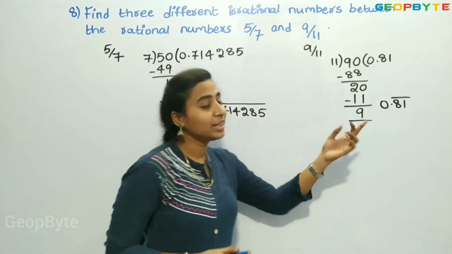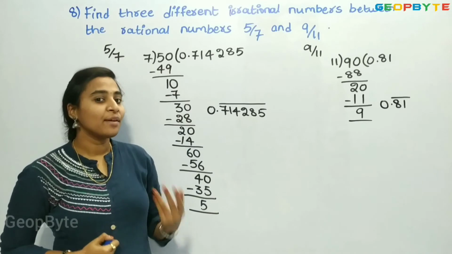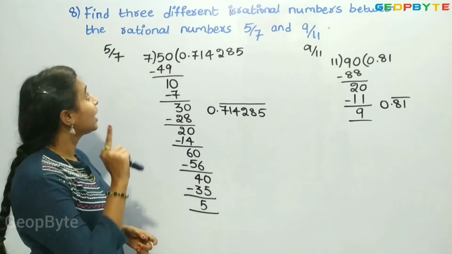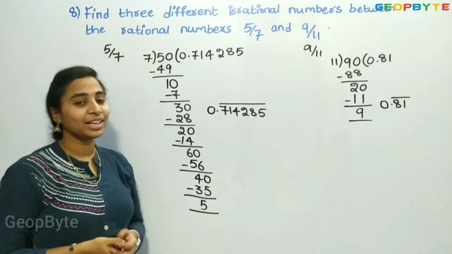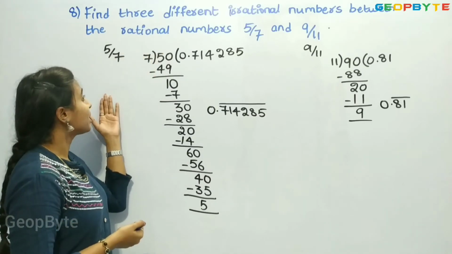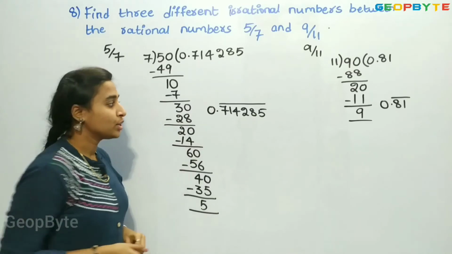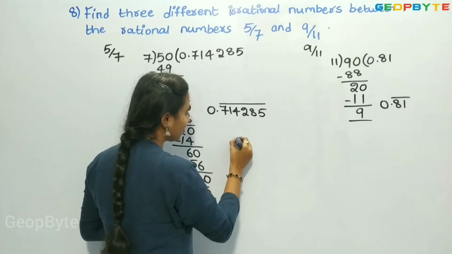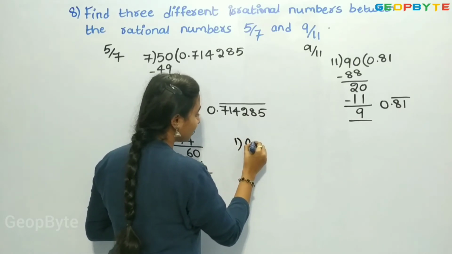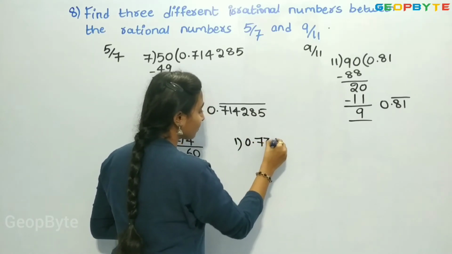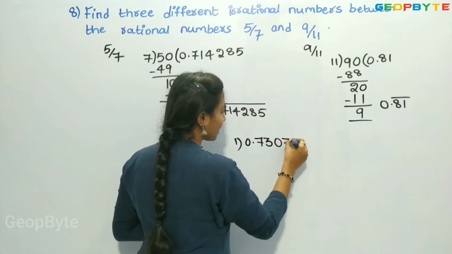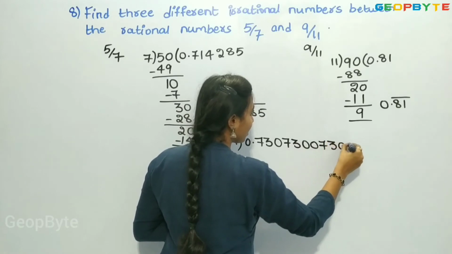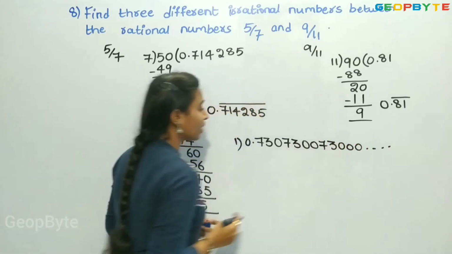Now in between these two decimal expansions, we need to find irrational numbers. They asked to find 3 different irrational numbers between 5 by 7 and 9 by 11. So in between these two decimal expansions, we get 0.73, 0.7300, 0.73300 and so on.